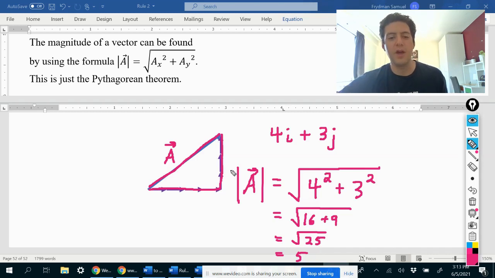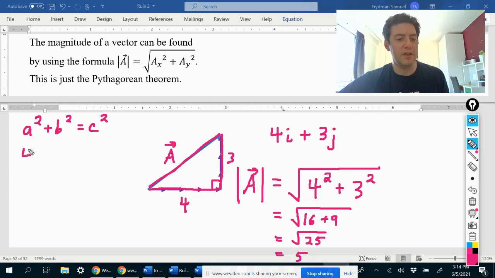the Pythagorean theorem. If I have a right triangle which has legs which are 4 units and 3 units long, and I want to find the hypotenuse of that right triangle, how would I do that? I could write the Pythagorean theorem: a squared plus b squared equals c squared. I can plug in the legs for a and b. I would get 4 squared plus 3 squared equals c squared.